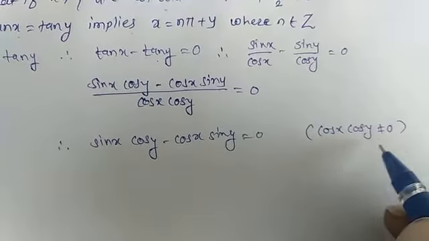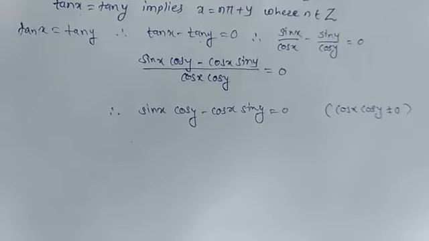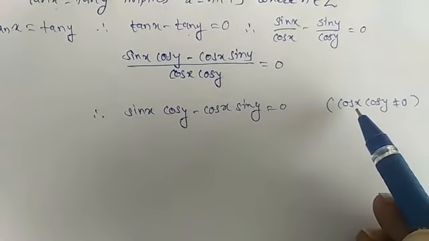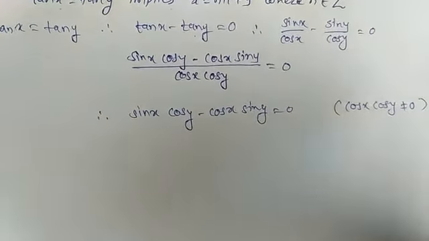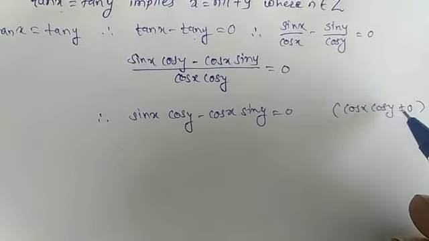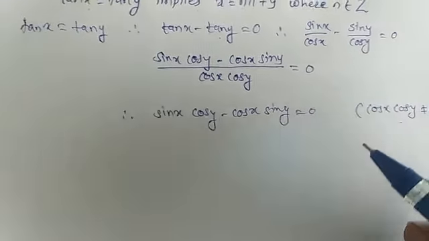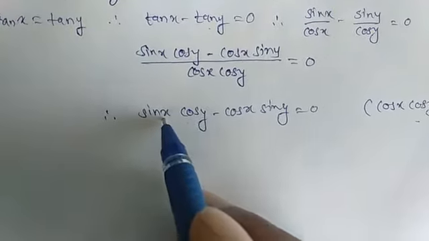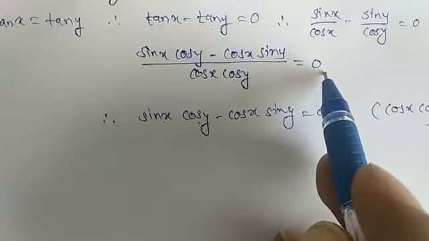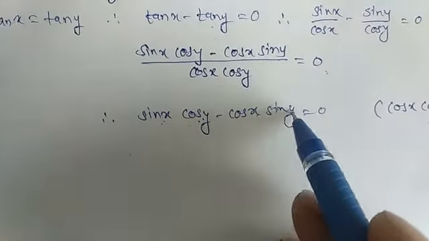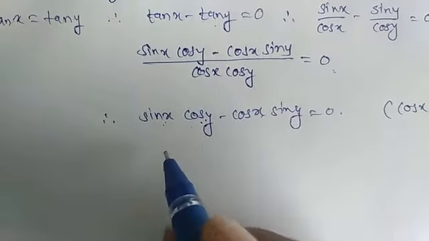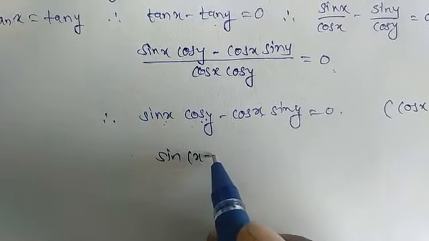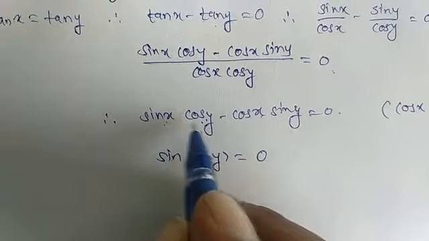Okay, so in the statement only we have considered odd multiples of pi by 2, so cos x and cos y are not equal to 0. Okay, so it only remained to check whether the numerator sin x cos y minus cos x sin y equal to 0, which means that sin of (x minus y) is equal to 0, which is the formula of sin (x minus y).